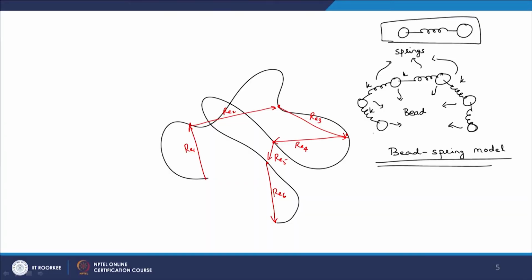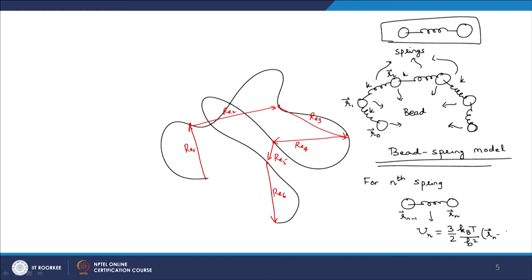So, I can say that these beads have positions R0, R1, R2 and so on, and for any spring in the system, let us say I look at the nth spring, that is between R n minus 1 and R n, this spring will correspond to a certain energy U n, as like this.